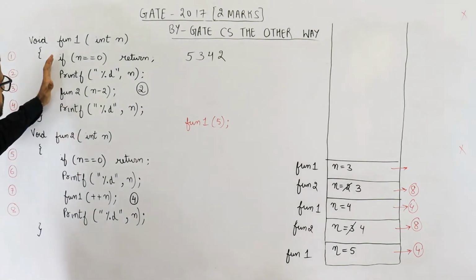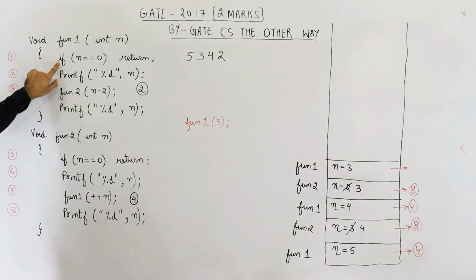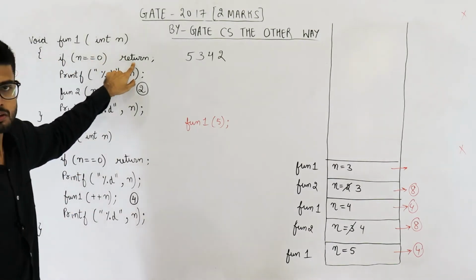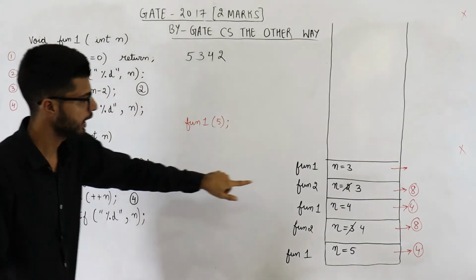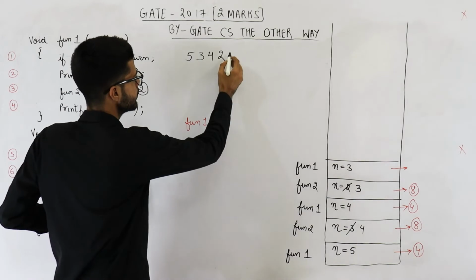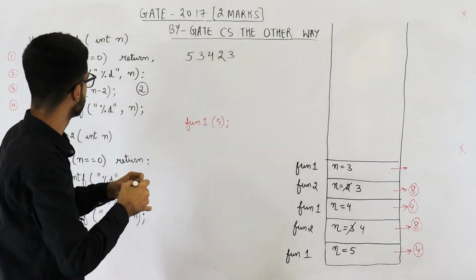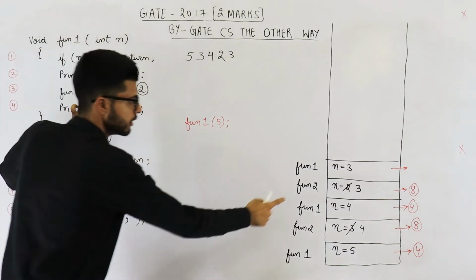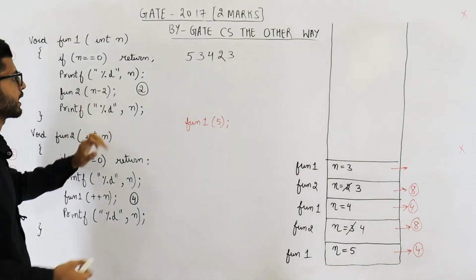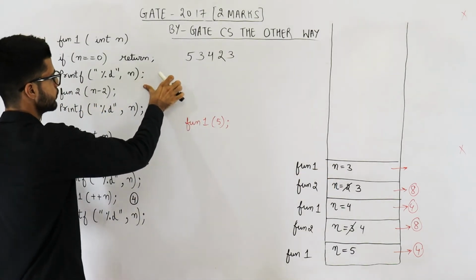Now inside this function fun1, the first line says if n is equal to 0, then return. No, n is not 0, so don't return. Then printf n. N is 3, so I'm printing 3. Then fun2 is called and the parameter passed is 3 minus 2, that is 1. So 1 is passed.